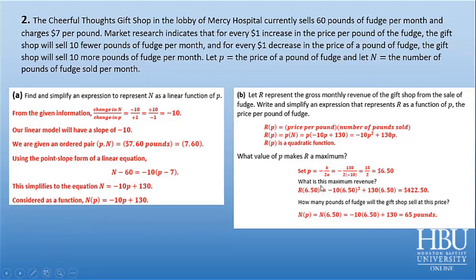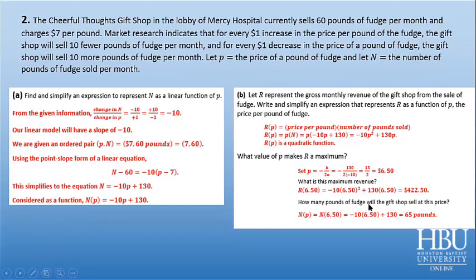What would be this maximum revenue? I plug $6.50 into the revenue function, where the revenue is a function of the price, and I have minus 10 times the price, $6.50, squared plus 130 times $6.50. When you work out that arithmetic, it works out to $422.50 revenue per month.